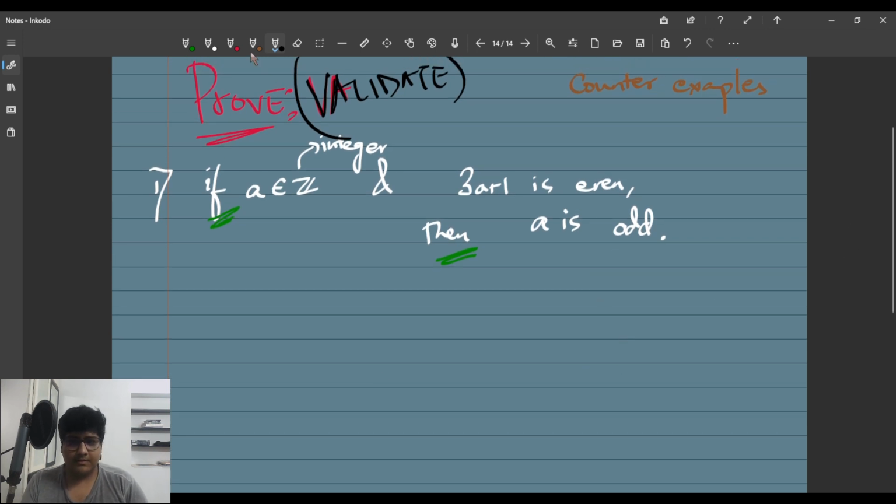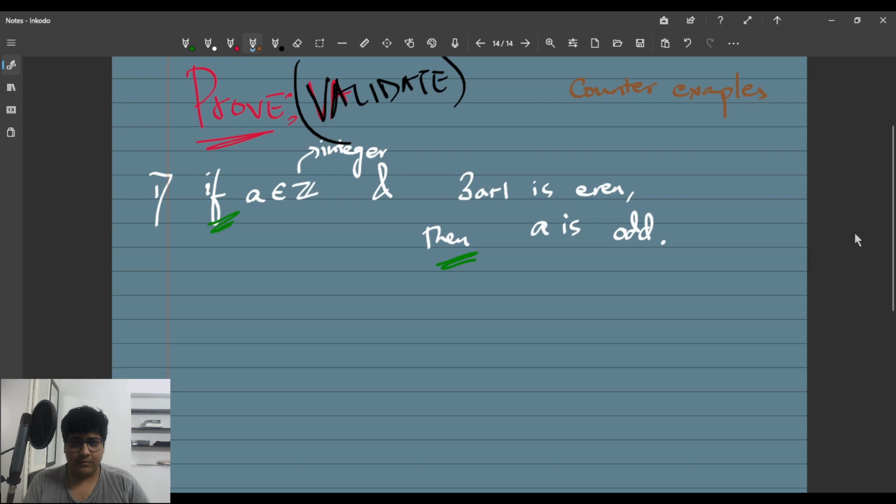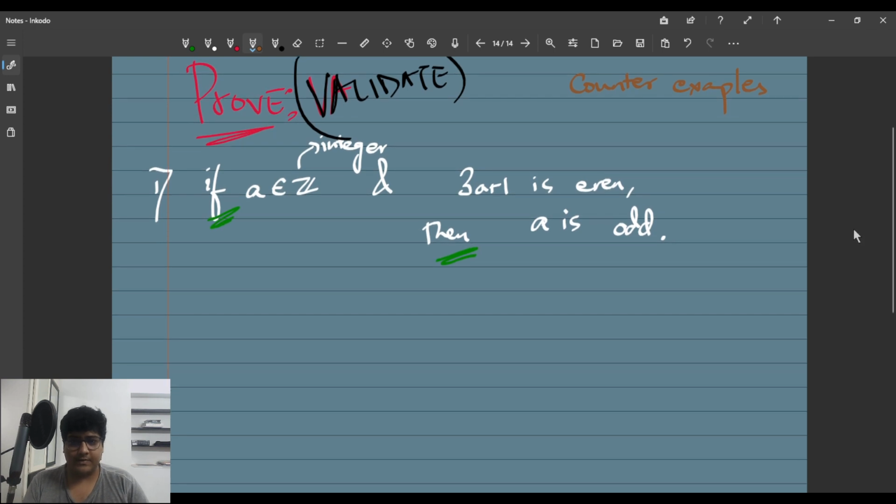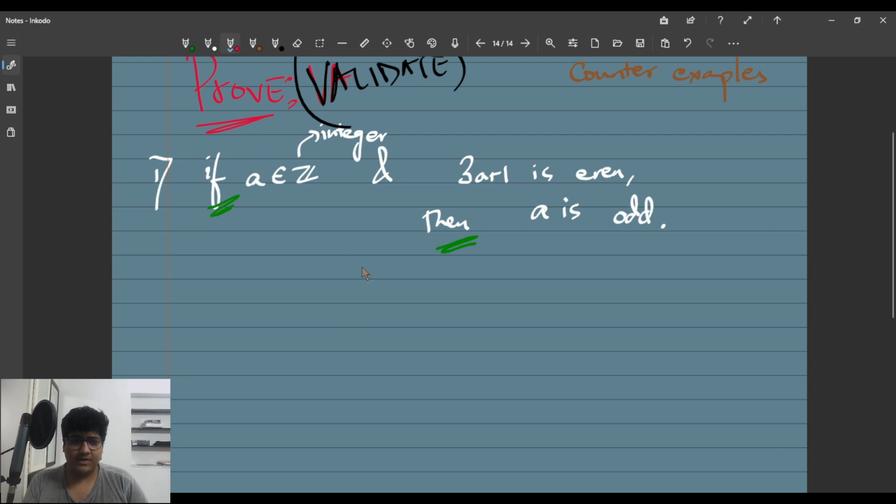I hope that you have already checked a little bit. Let me walk you through how I check whether a statement is true or not. Given a is an integer and 3a plus 1 is even, if something satisfies both these criteria, it has to satisfy that a is odd. So take an integer a first of all.